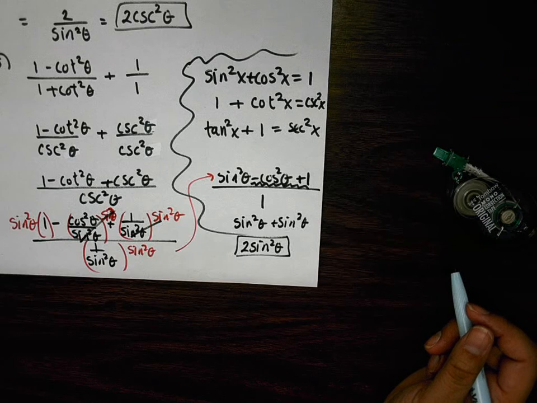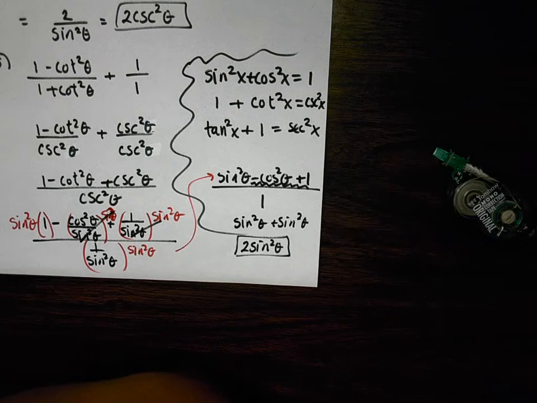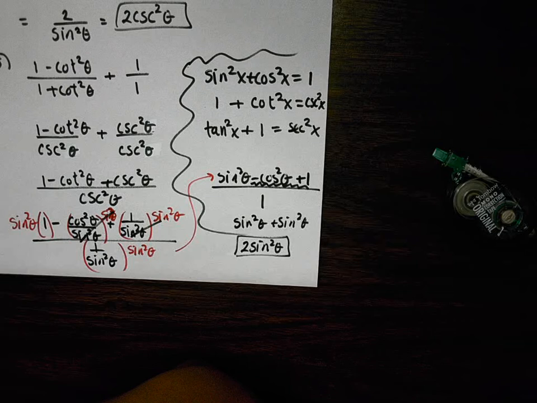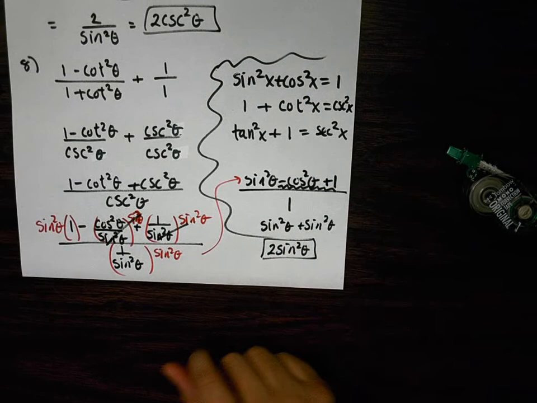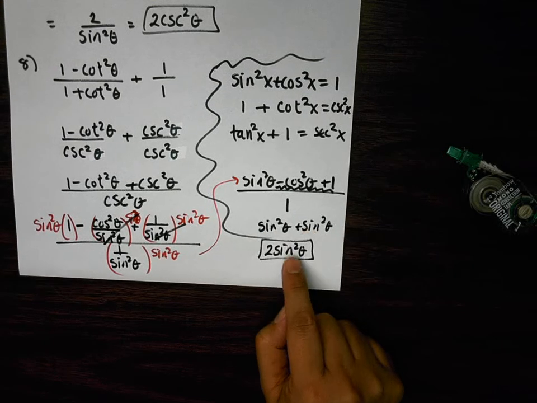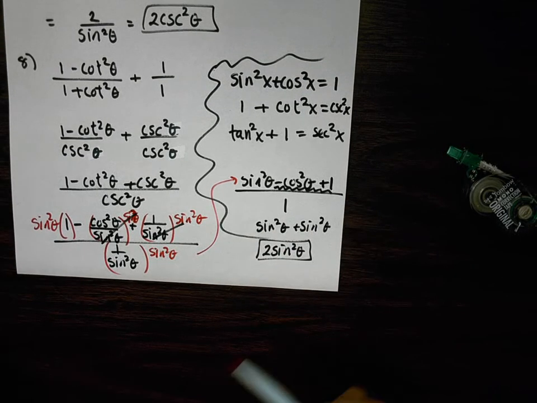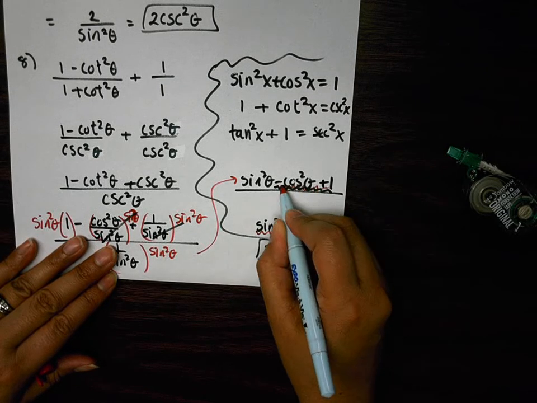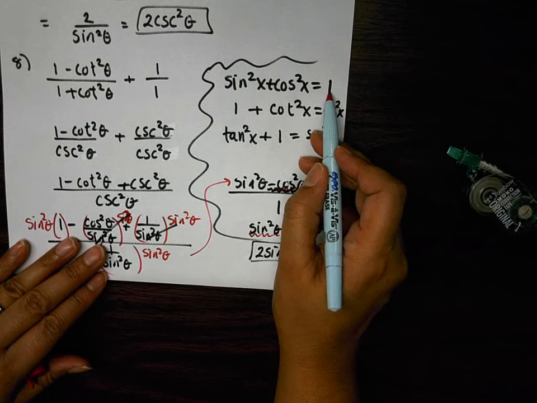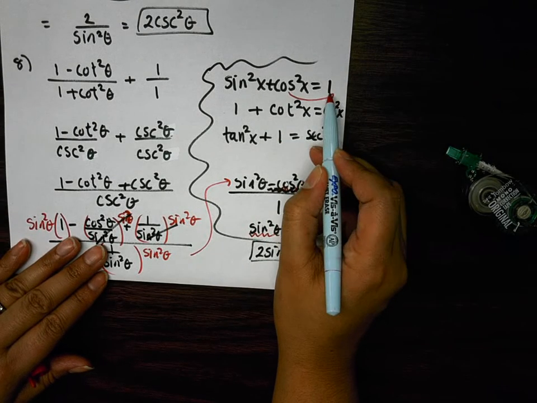Did anybody do it differently? Get it quicker? No one's going to share? One sine squared plus 1 sine squared is 2 sine squared. And this sine squared came from the negative cosine squared plus 1.